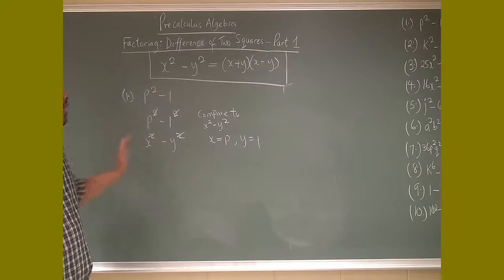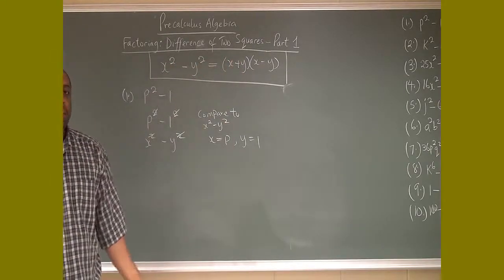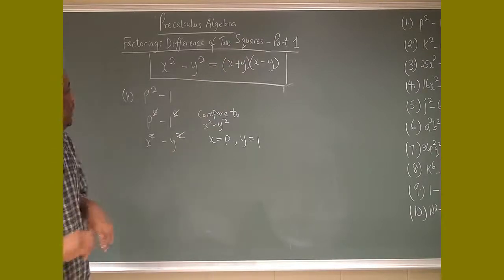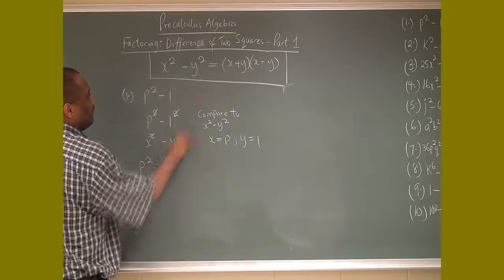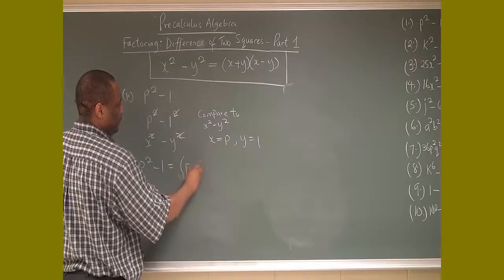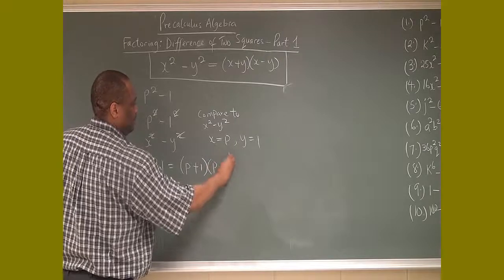When you can get your x and y, all you need to do is substitute in the difference of two squares, and you are ready to go. So p squared minus 1 will give us x plus y, which is p plus 1, times x minus y, which is p minus 1.